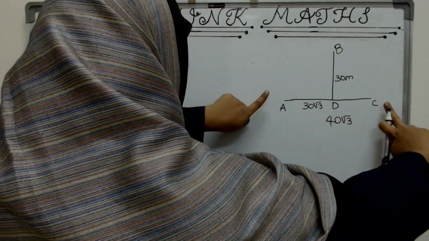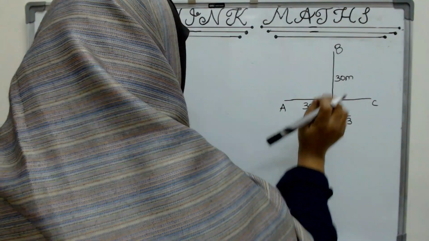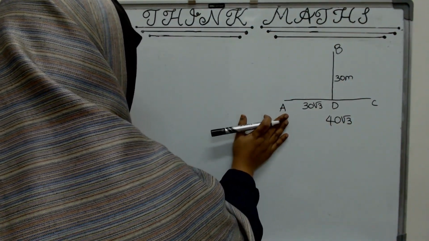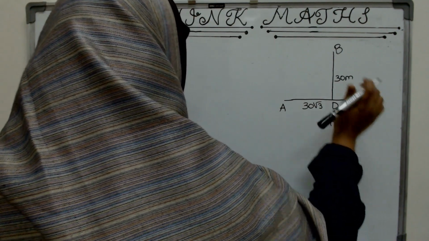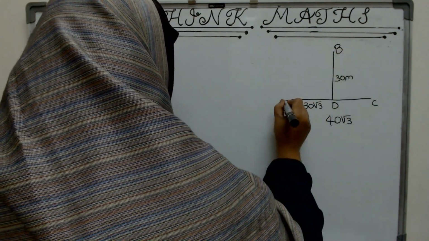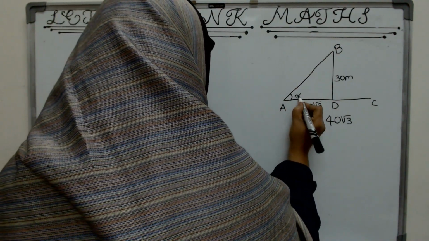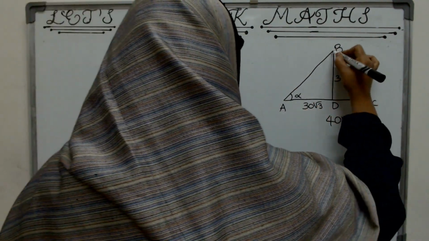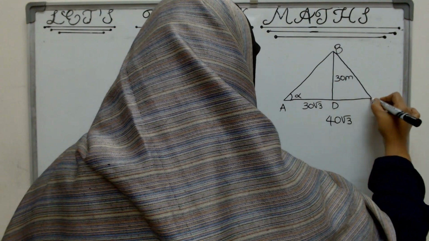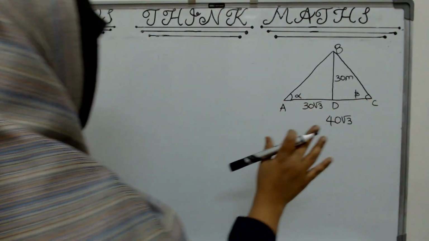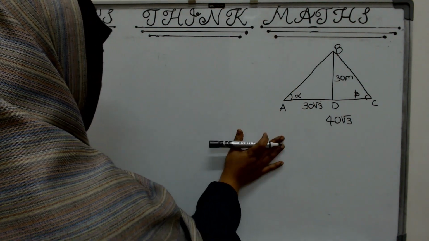Both of these men are looking up at the temple in such a way that the angle of elevation for the first person is alpha and the second person is beta. So both of them are here looking up at the temple, and the angle of elevation for A is alpha and for C is beta. Now this much is the information which is given in the question.